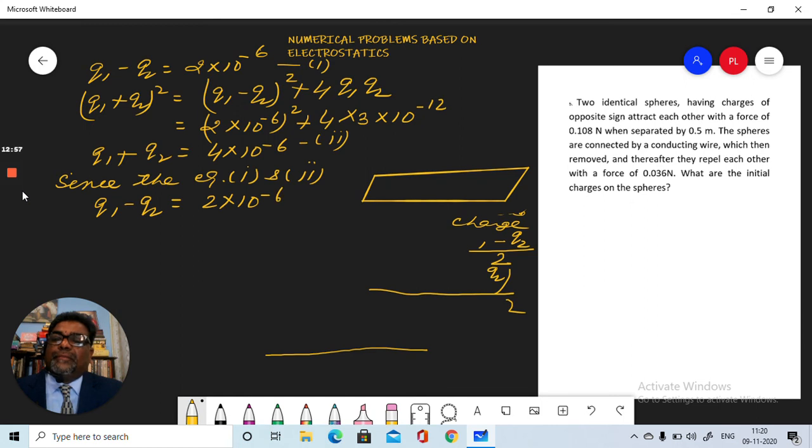Q1 plus Q2 you have calculated, that is 4 into 10 raised to the power minus 6.